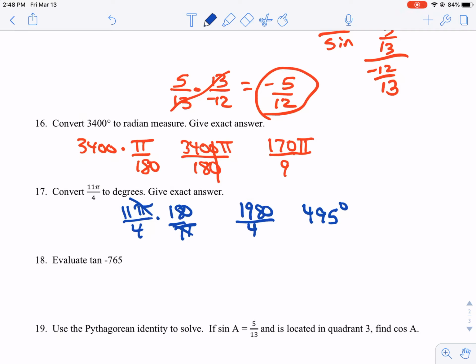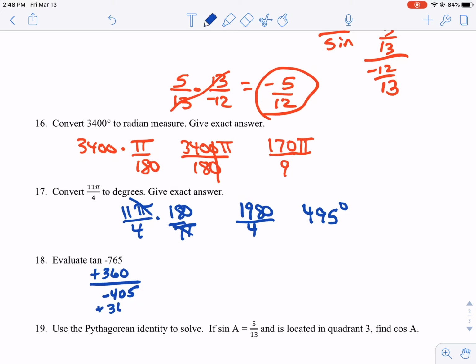Evaluate tan of negative 765. They've gone around the circle, looks like more than twice. So we have to unravel and find out where the angle is without going all the way around the horn. Since they went in the negative direction, I am going to go a full circle in the positive direction and add 360. That puts us at a negative 405 degrees, which is still more than a circle.